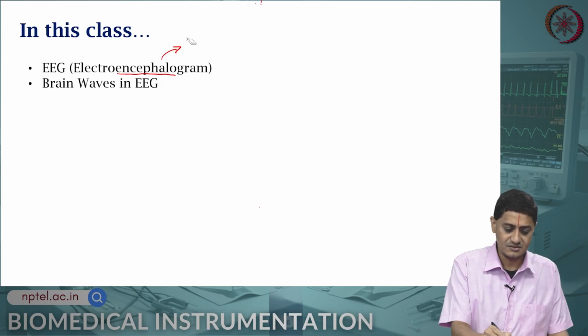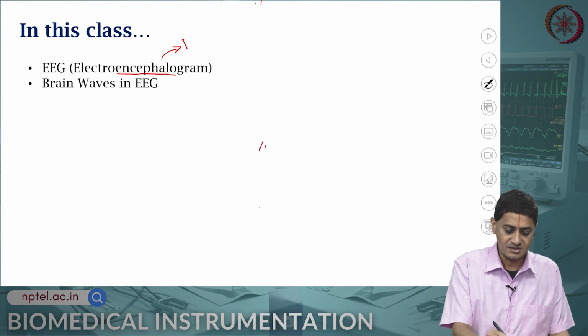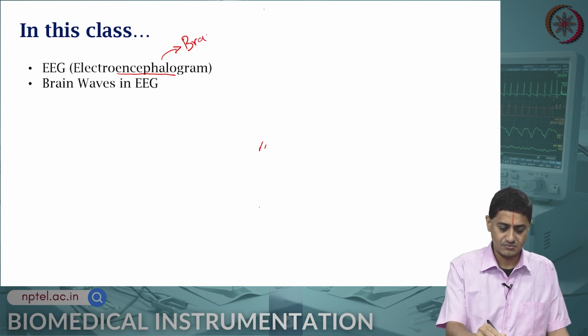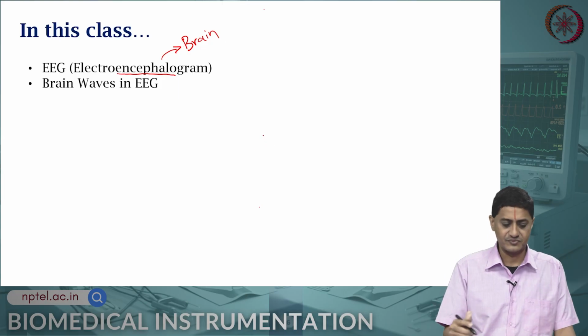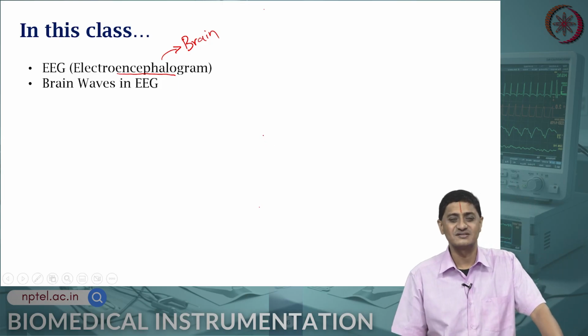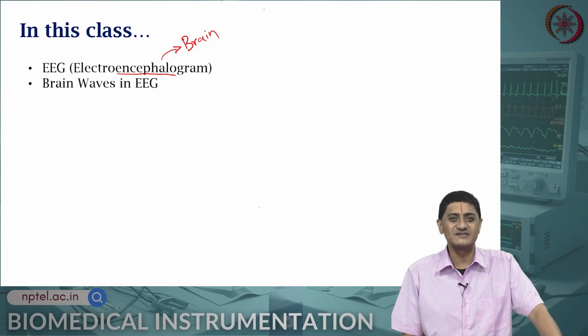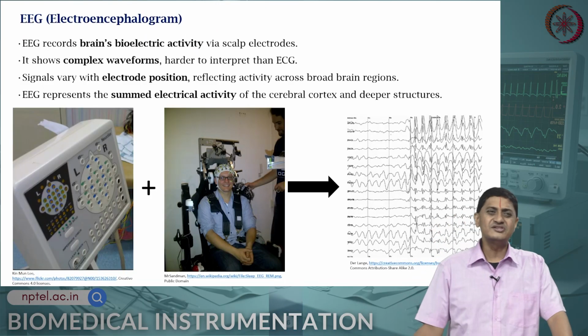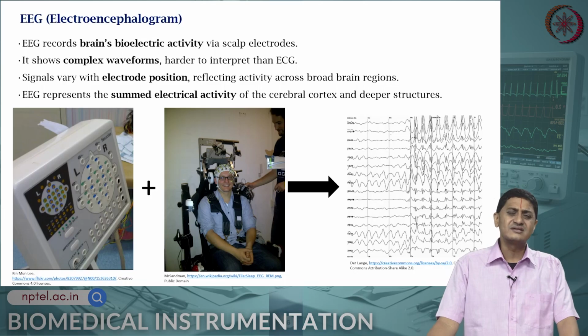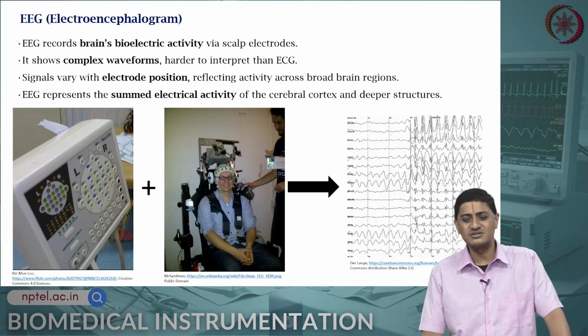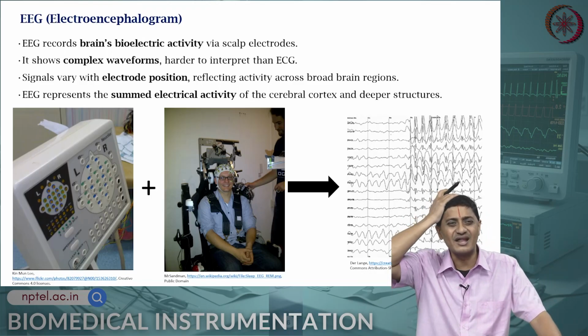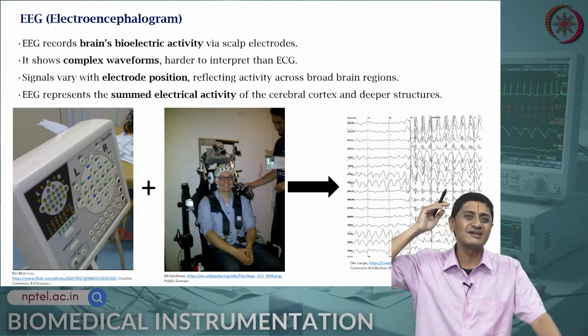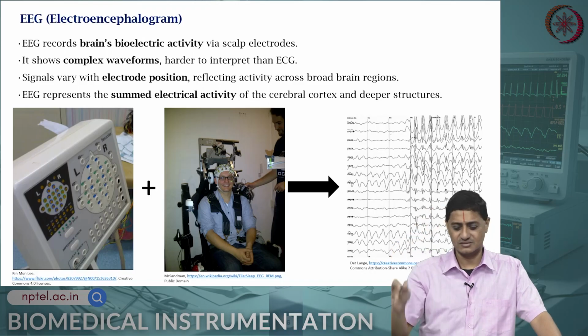And brain waves, types of waves in EEG. Essentially, EEG records the brain's activity via scalp electrodes. You keep electrodes on the scalp and you record activity that is happening in the brain.